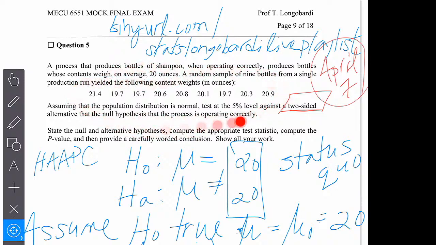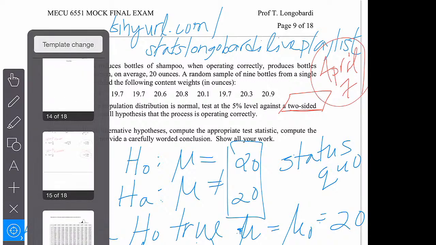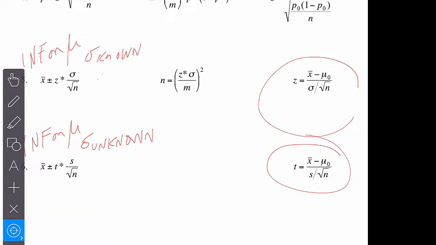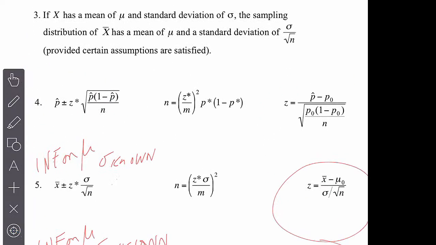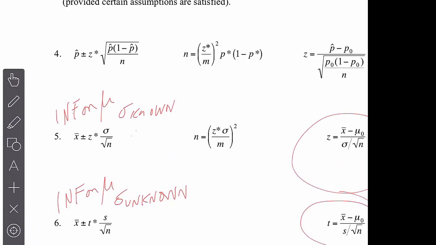So let's do that. The formula for the confidence interval is in the first column of the formula sheet. We're going to build a confidence interval using either this or this, depending on whether we have the standard deviation of the population.